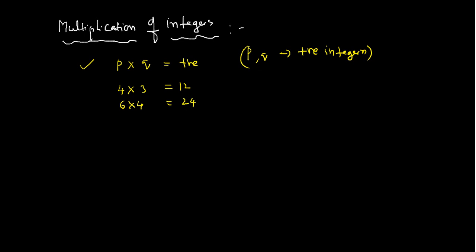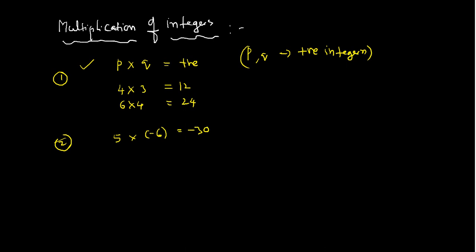Coming to the second point, the product of a positive integer and a negative integer is negative. For example, if you take 5 into minus 6, the answer is minus 30, which is a negative integer.